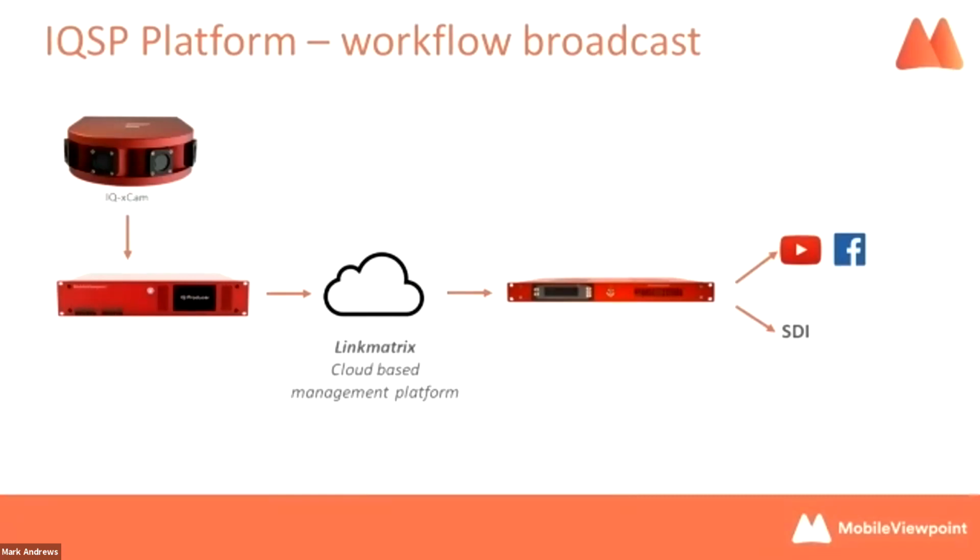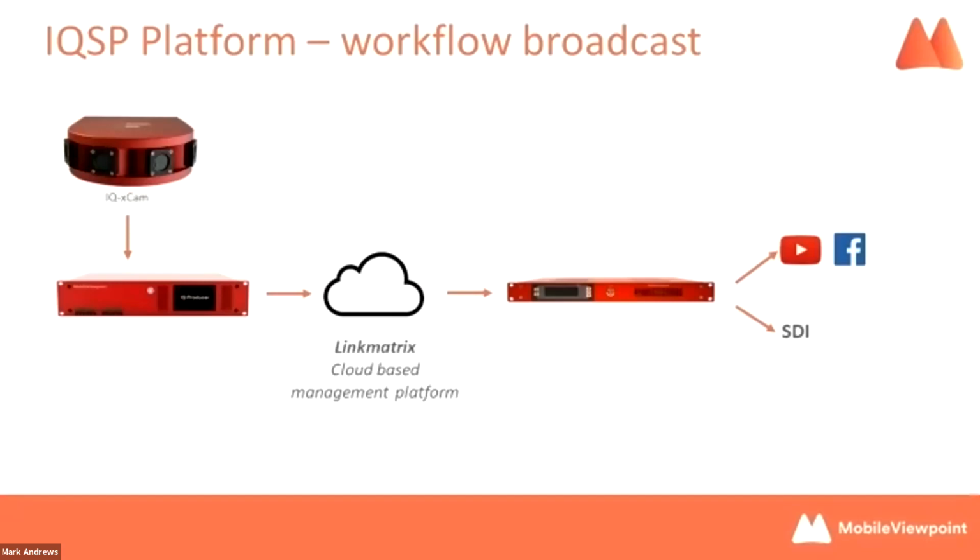And from that, we can then live stream this. We can do this in several ways, one of which is via Link Matrix, which is our management platform, which you can push out to social media. But we can also push it to a broadcaster. So if they have SDI workflows and they're looking to broadcast on a broadcast channel, then we could provide higher quality video resolution for that sort of scenario.